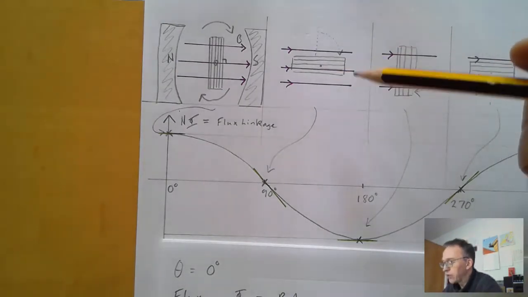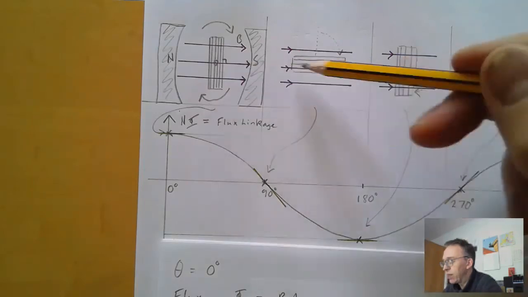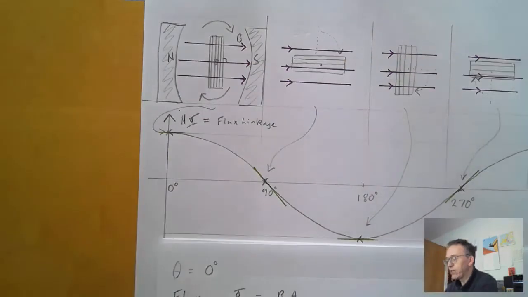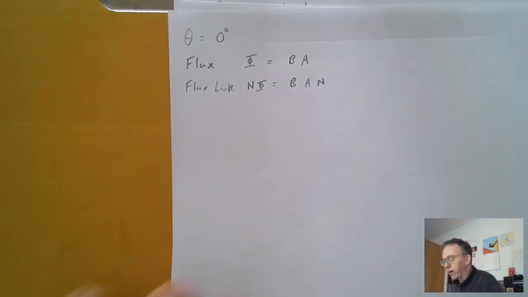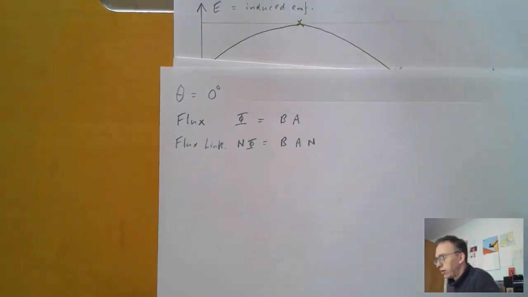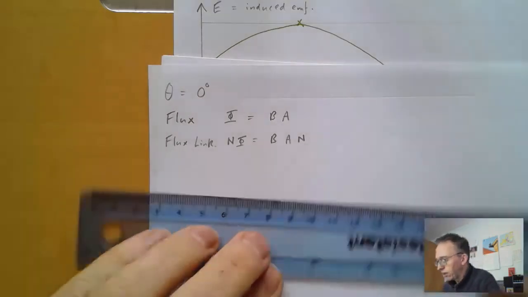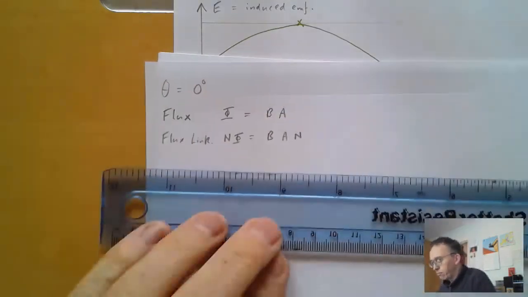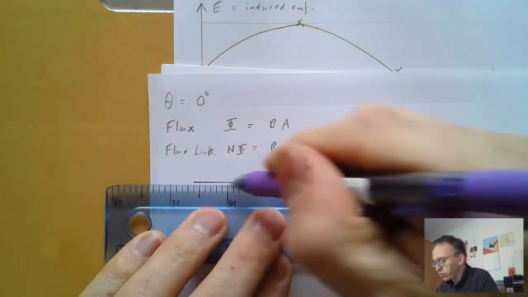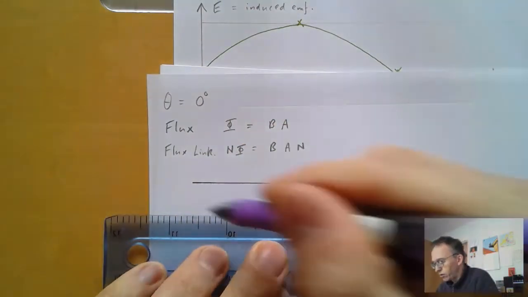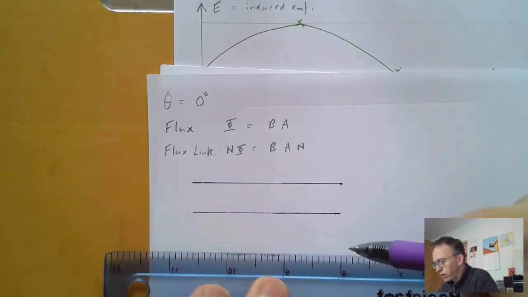But what we'd like to know is what is it doing in between? What is it doing at some general position? So, to do that, we have to draw one more little diagram, which is, here's the field.